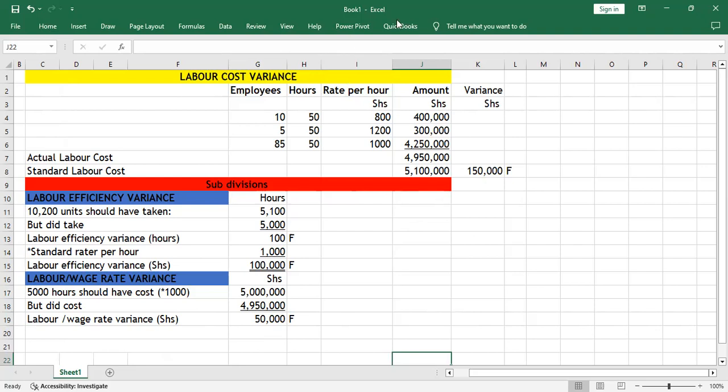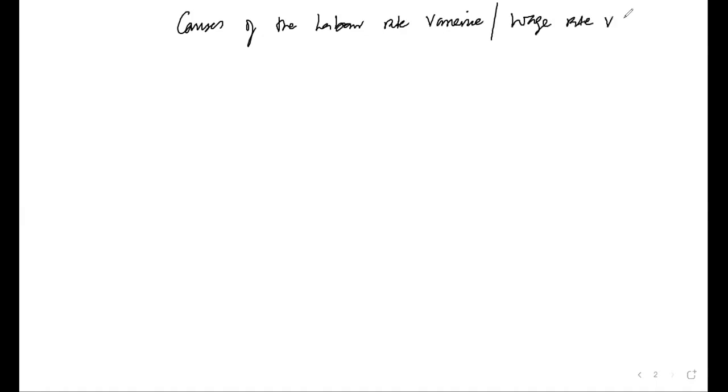Then we also need to look at some of the causes of the labor rate variance, which is the same as the wage rate variance. Of course, the wage rate variance occurs due to the following causes.